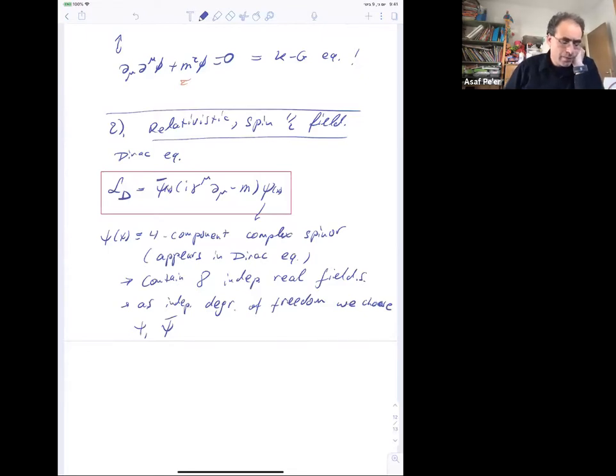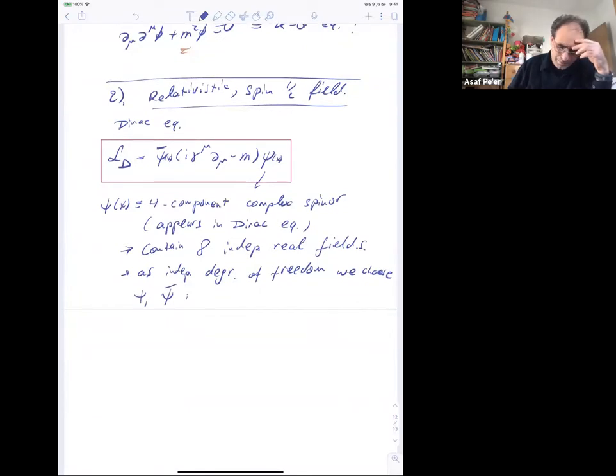So we must take the partial derivative with respect to each one of these. You see where it comes from? Okay, let's start doing it one by one.